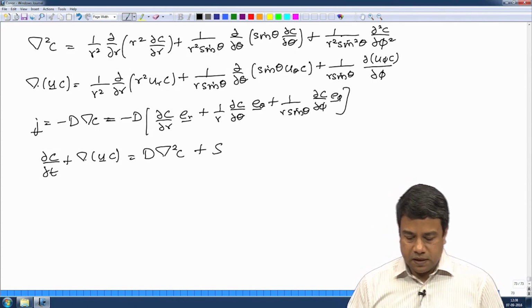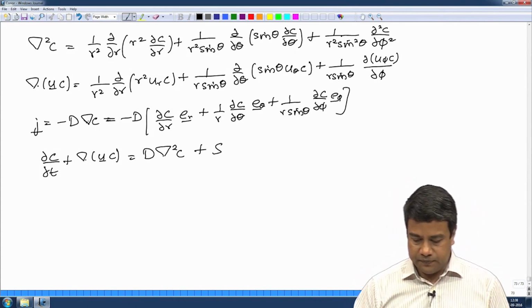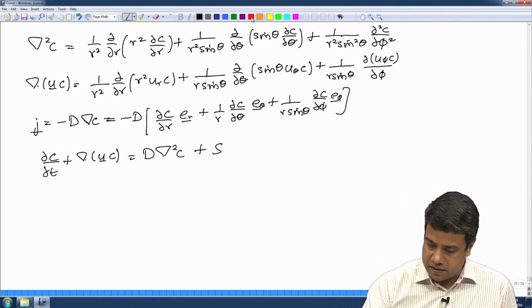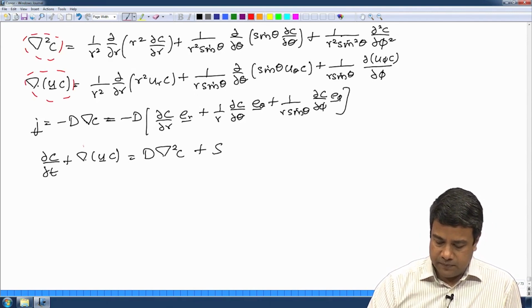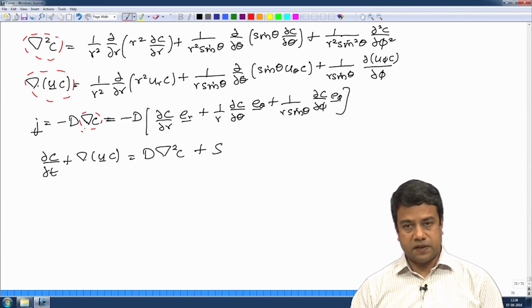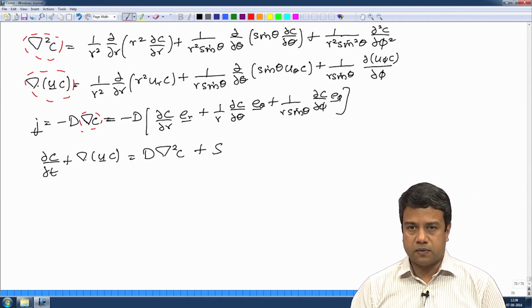So the equation when written in this vector notation looks the same. Only thing is that the definitions of the Laplacian, the divergence, and the gradient have changed in this spherical coordinate system. So, this is the conservation equation in a spherical coordinate system.